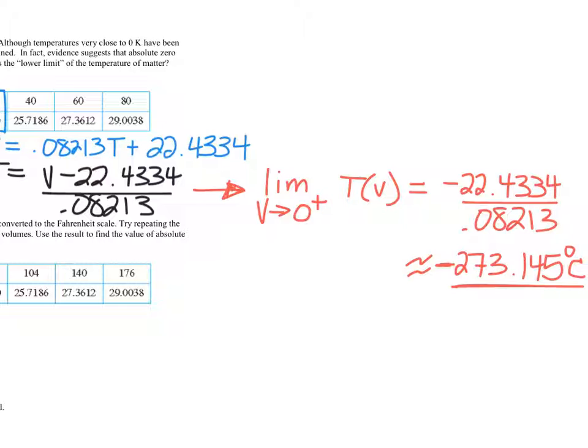So what we got from this is that the lowest possible temperature of matter would be negative 273.145 degrees Celsius, which hopefully, assuming I didn't screw something up, is the Celsius equivalent of 0 degrees Kelvin. All right, so that's actually where that conversion comes from. All right, so it's pretty cool.